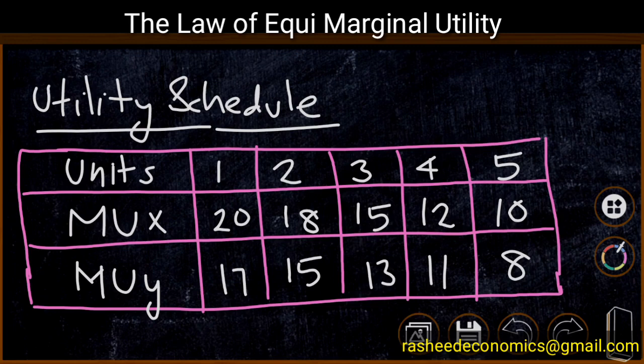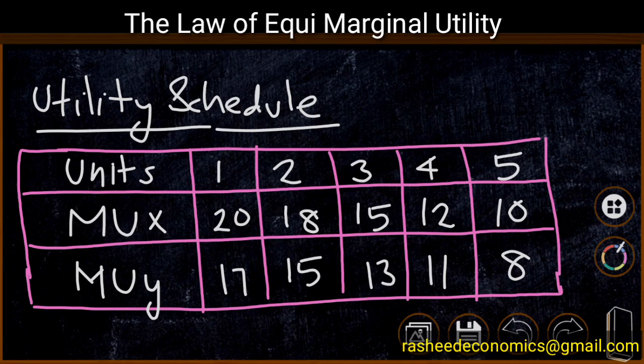For the first unit, if the price of X and price of Y are the same and X and Y are substitutable, he will spend his first rupee on product X, because X provides more satisfaction than Y.